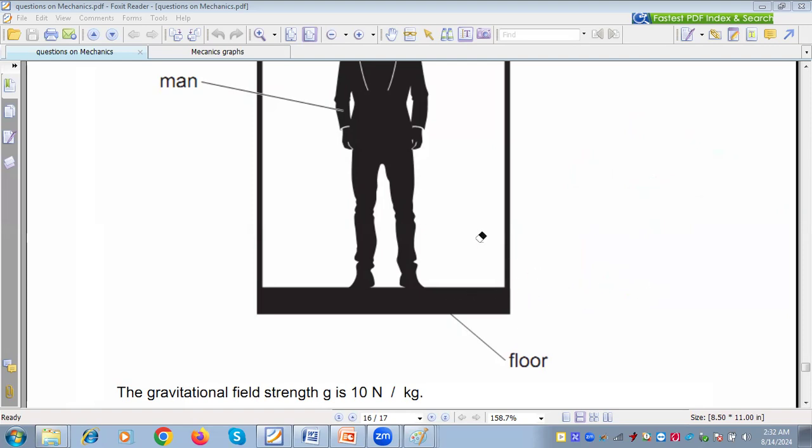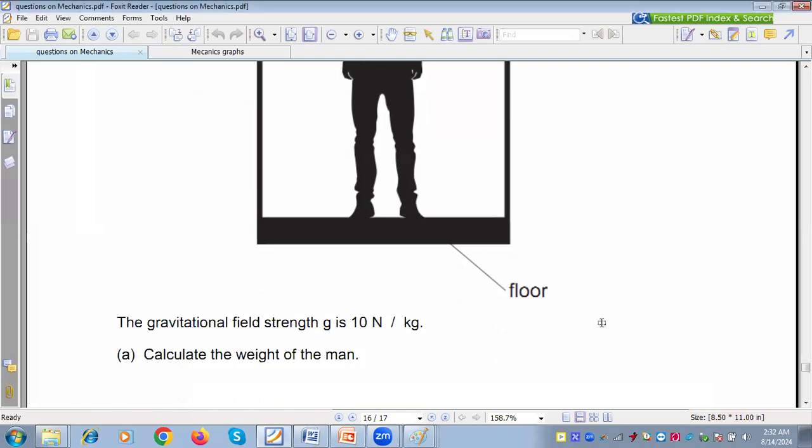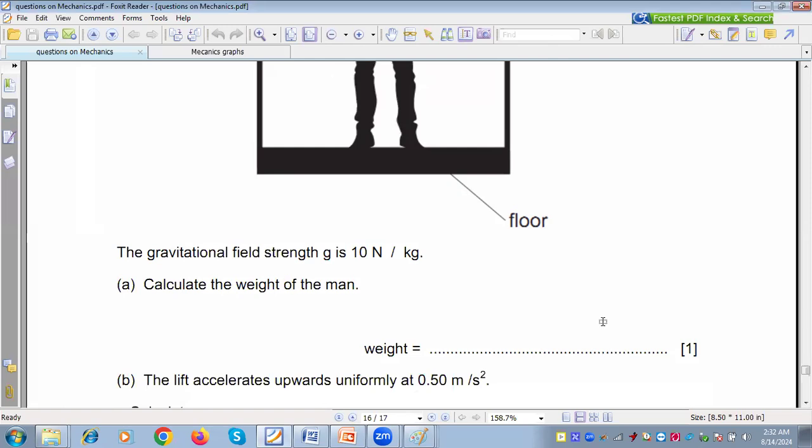When lift accelerates in the downward direction, then the weight will be greater than the contact force. Contact force will be less. That is why when the lift goes down, you feel that you are lighter. When lift accelerates upwards, you feel as if you are heavier because contact force is 840 Newton for the person here.